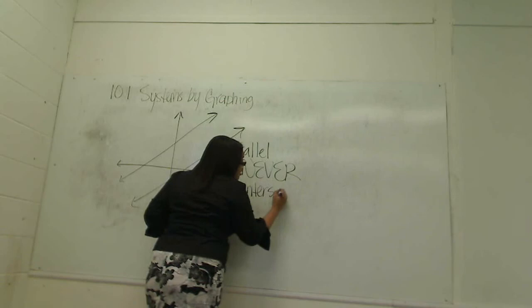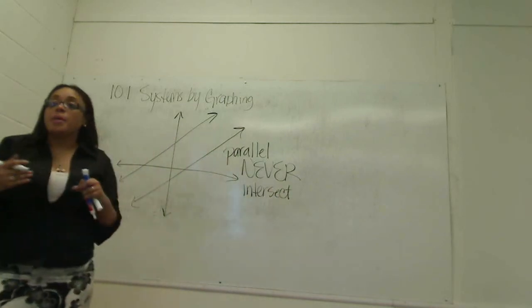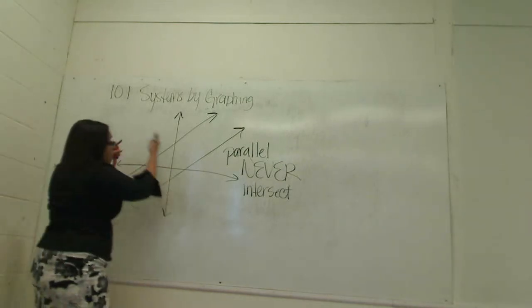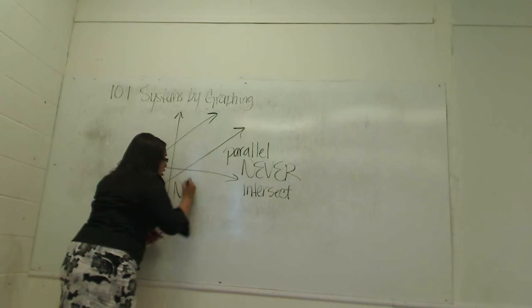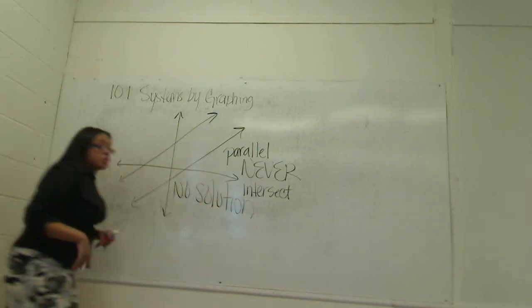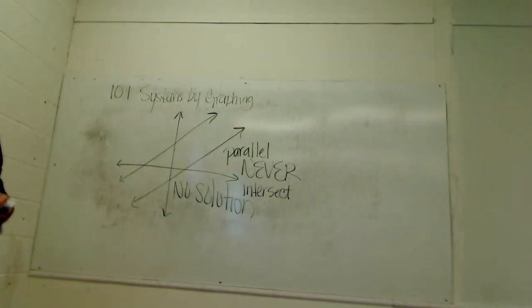Okay, parallel never intersects. Well, if those lines never touch, there will never be a spot where the answers can be the same. So parallel lines like this are what we call lines that have no solution. There is no answer that will ever make them work, because the equations either cancel each other out or just don't work.